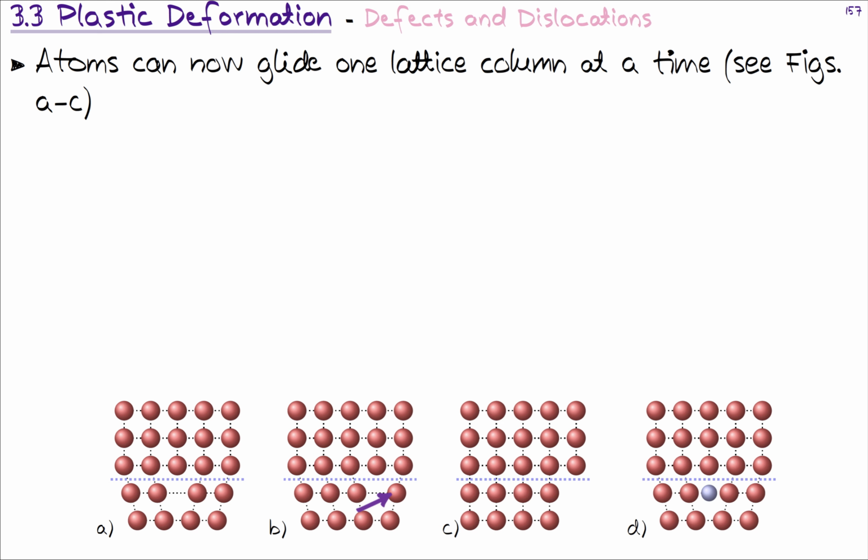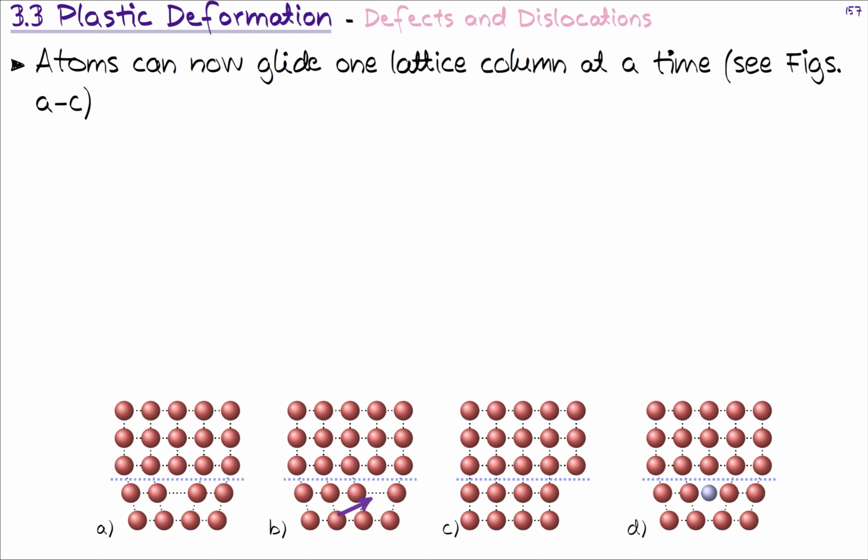So essentially, one column at a time, we can move the defect aside. And what happens after a while is that, with respect to the slip plane, this plane is actually now moving with respect to the upper part of the material. So in essence, we see that the material is being sheared.